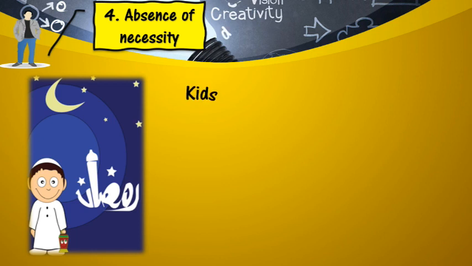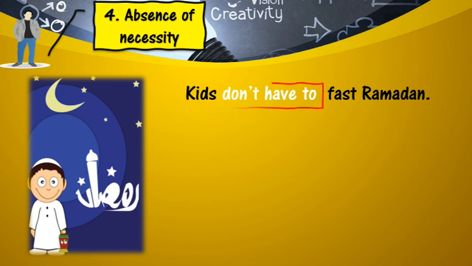So you all know that kids don't have to fast in Ramadan. They are not obliged to fast. It's not necessary for them to fast. So to express absence of necessity here, we use don't have to.